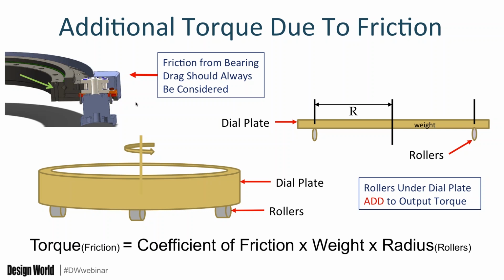That number can add up in a hurry, and when you add that to the inertia torque, or torque due to acceleration, you actually could have a significant number, and you want to compare that to what the product is rated for. So just keep that in mind, that oftentimes you want your indexer product to be so robust that you do not need to add any type of rollers to the underneath of the dial plate. Okay?